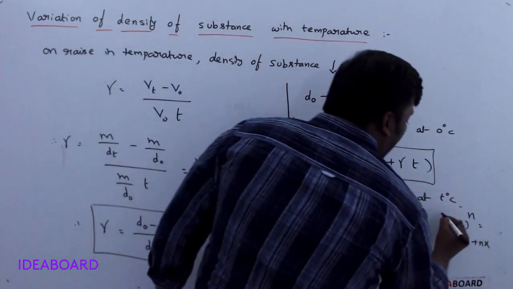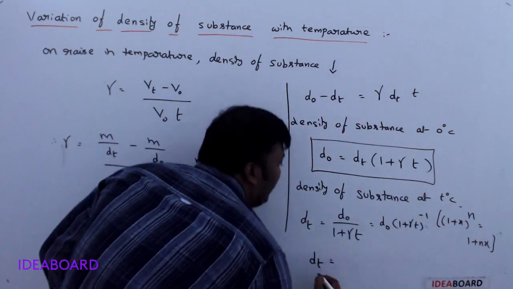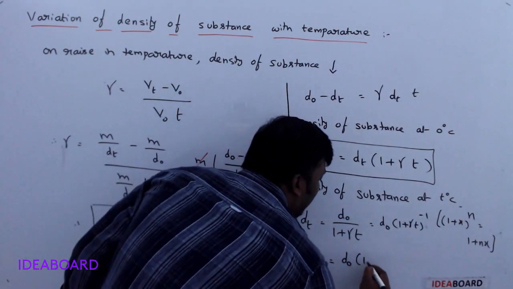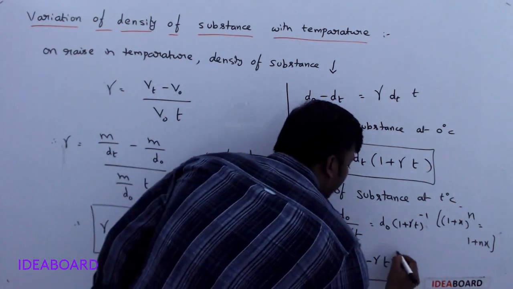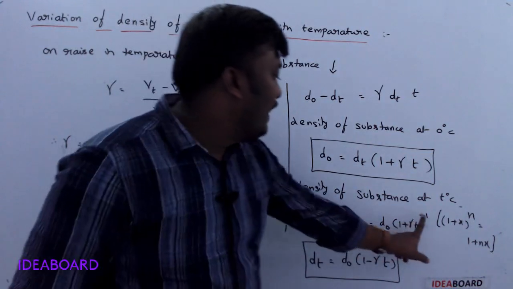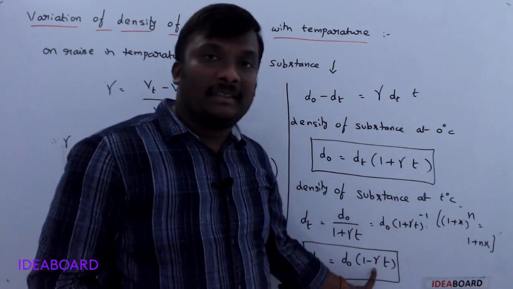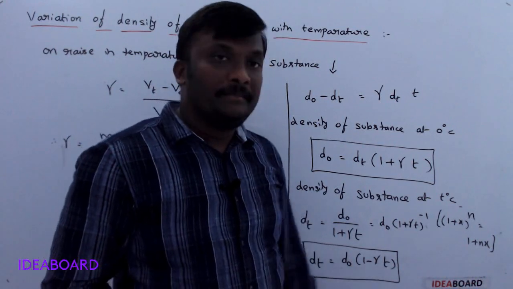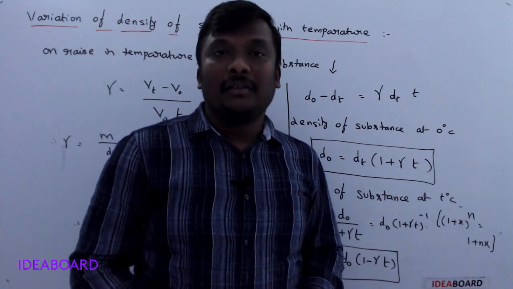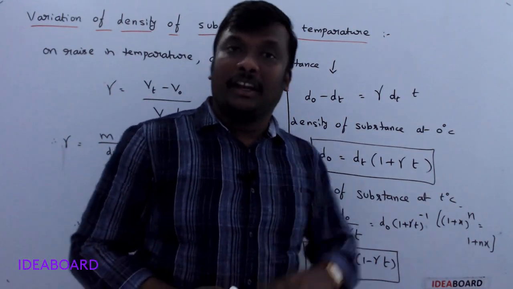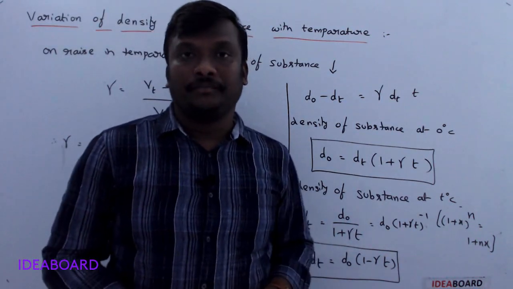This is similar to this formula. That's why we have another formula for dt: d naught into 1 minus gamma t. Minus 1 comes down, so it becomes minus gamma t.